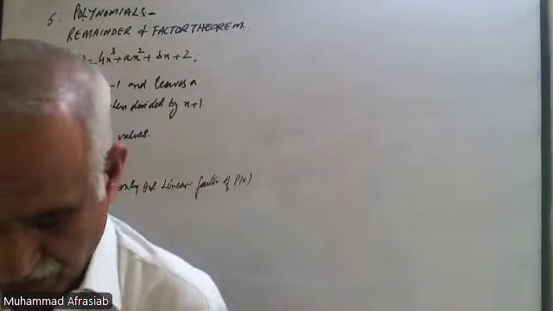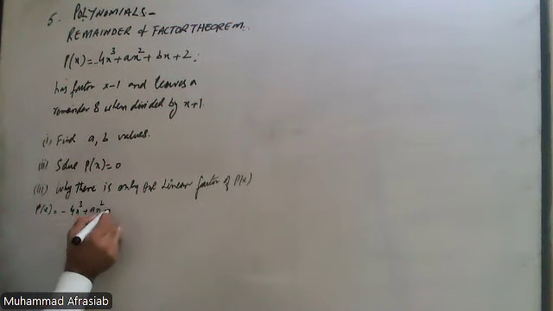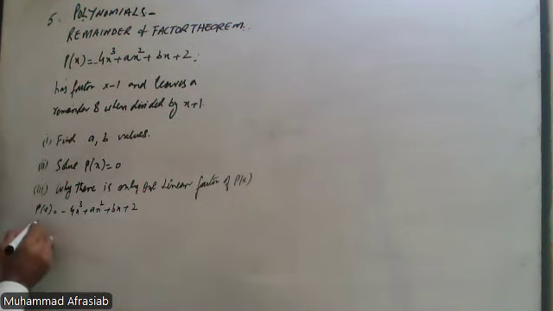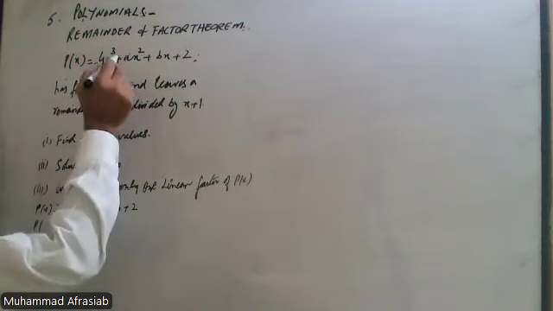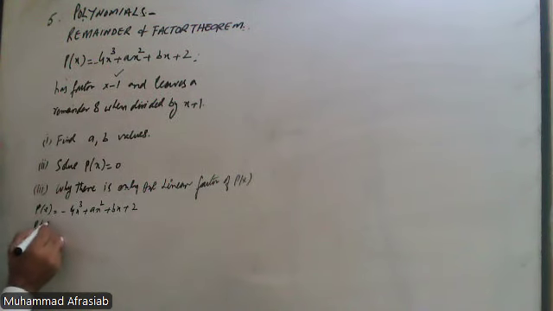For the solution of this problem, we will first use the factor theorem, where x minus 1 is a factor. So p of x is equal to minus 4x cubed plus ax square plus bx plus 2. Now x minus 1 is a factor, so you put x minus 1 equal to 0, then x will be equal to 1.